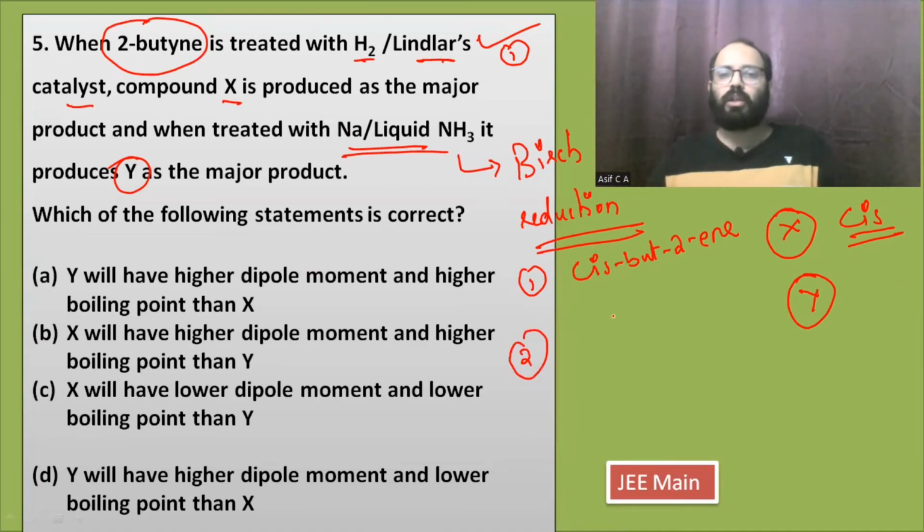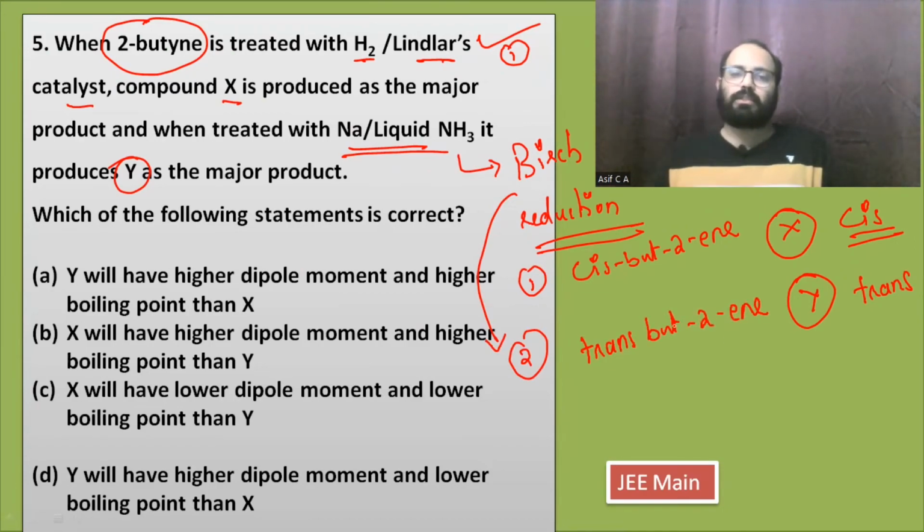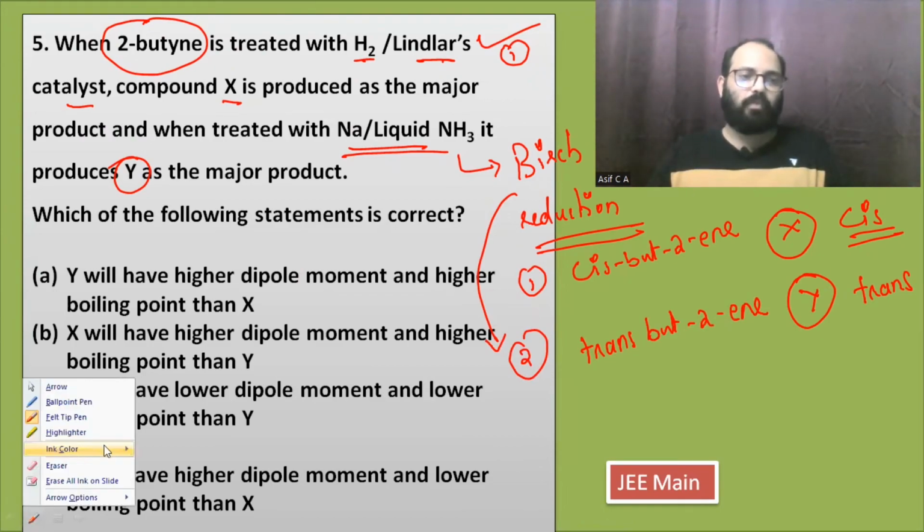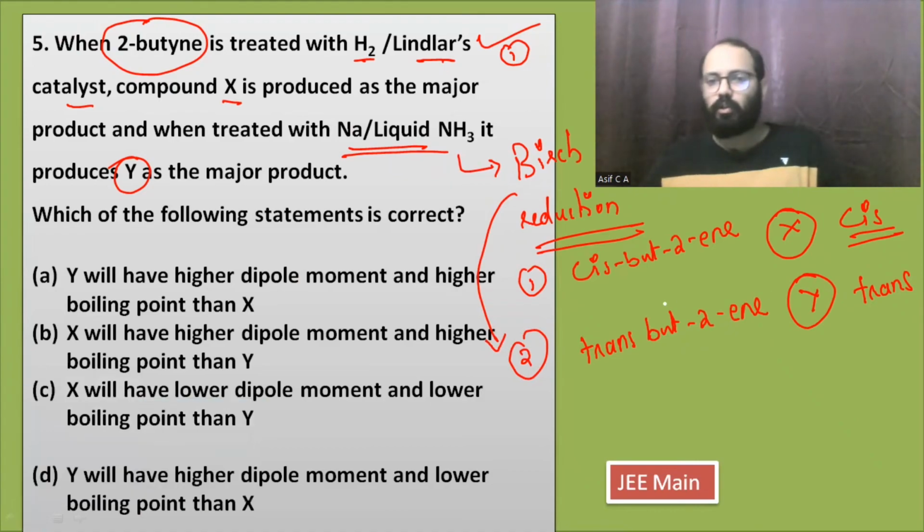Sodium in liquid ammonia, that is Birch reduction. When you do partial hydrogenation using sodium in liquid ammonia, we will be getting the trans product, trans-butene. So this is your X, and this is your Y. So you got X as cis and Y as trans.